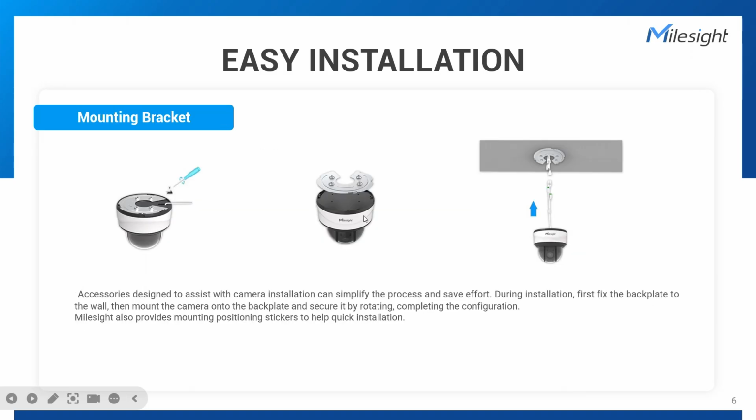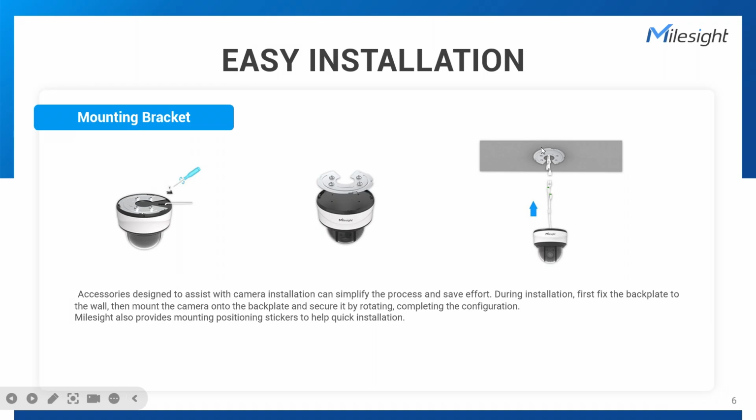And also, we provide the mounting bracket for some bulky cameras like the dome cameras, the PTZ dome or the Pro Dome cameras. Because they have a large size, you cannot use a base to tighten the screw to the wall, but we still want to give you a facilitated installation experience, so we provide a mounting bracket.